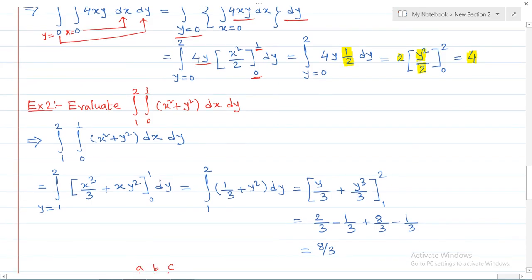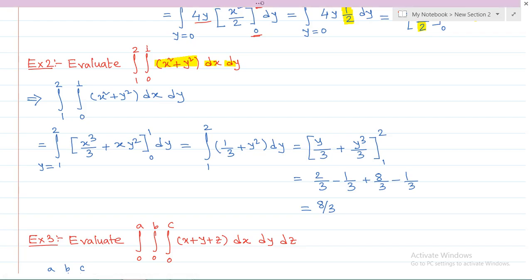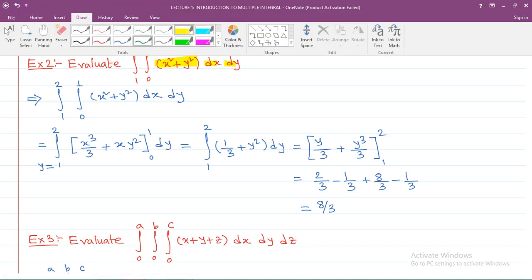Suppose the integration is given as 1 to 2 and 0 to 1 of x square plus y square dx dy. Again they have not mentioned anything about the limits, so by the conventional way we have to understand the case.